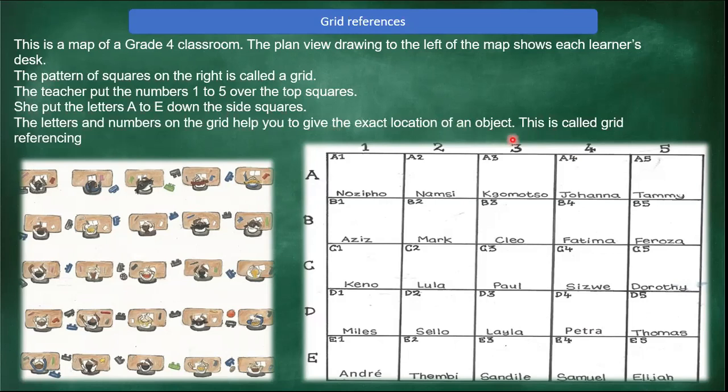This is called grid referencing. So these grid references will help the teacher to identify learner number 2. We can also identify learner number 5 by using these grid references. Did you get that?